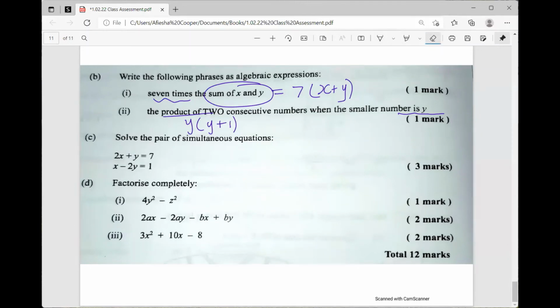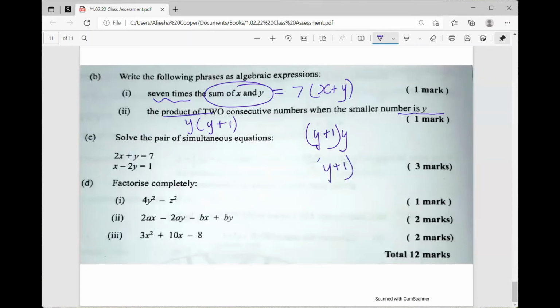So they said the product of two consecutive numbers when the smaller number is y. So the smaller number needs to be outside. What would you put outside? Like what you're thinking? Y plus 1 by y? Y plus 1 would still be in brackets because y plus 1 is one whole number.